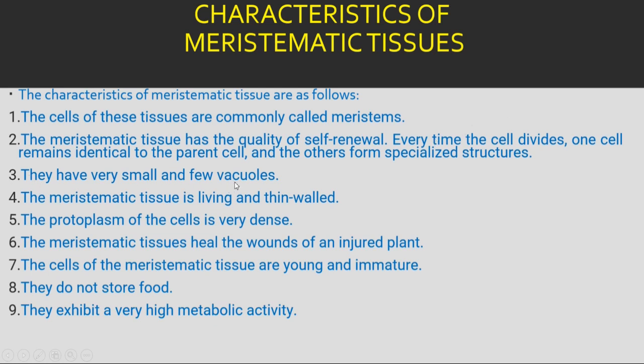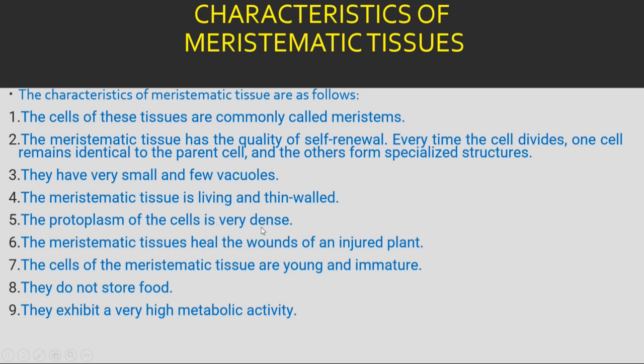They have very small and few vacuoles. The number of vacuoles in this tissue is very few, and they are much smaller. The meristematic tissue is living, not dead, and thin walled.